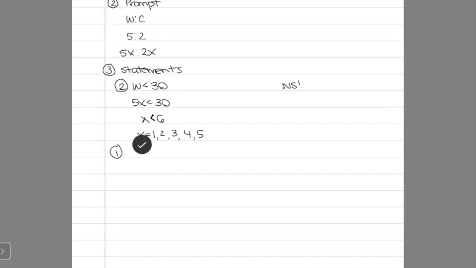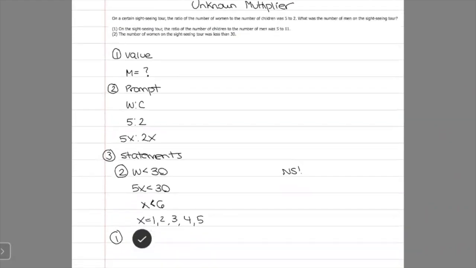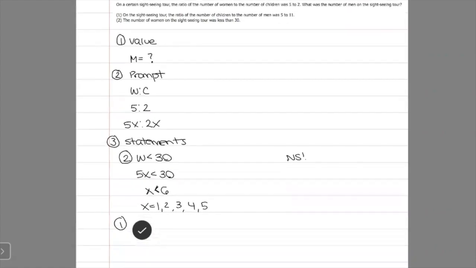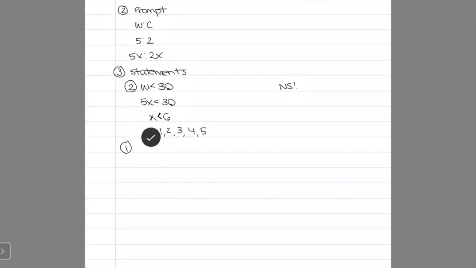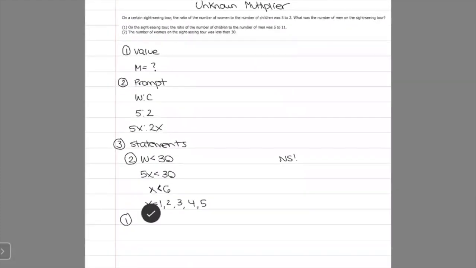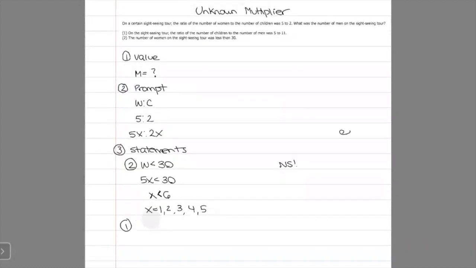Then statement 1 says that we have the ratio of children to men. So we can say that children to men is 5 to 11. We might as well immediately put that together with the information that we have from the prompt.